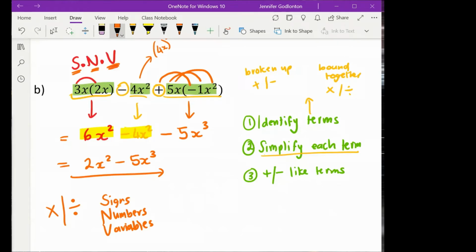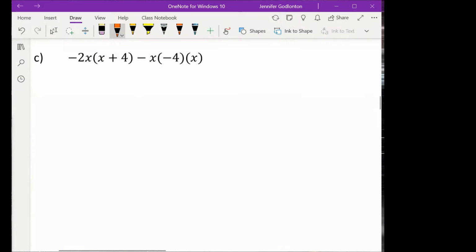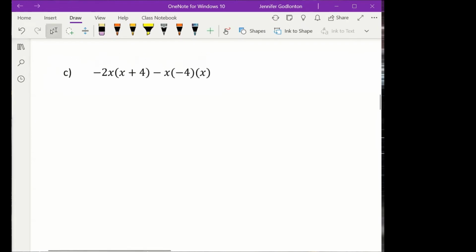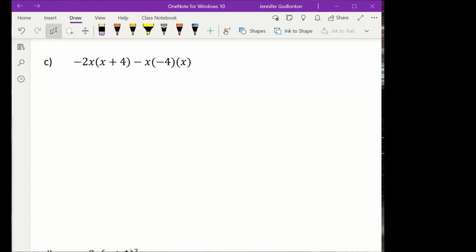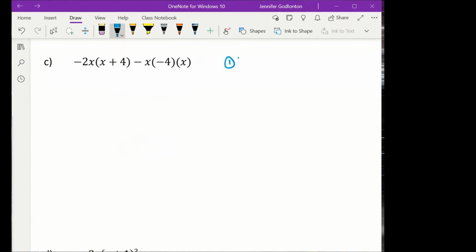Okay, let's try another one. See how this one goes. Think about your steps: identify your terms, simplify each term. Let's write it out. Identify terms.